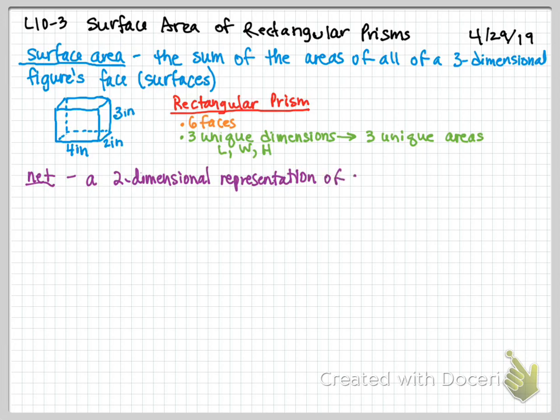So we're basically flattening out the shape, and that diagram of what the shape is in its individual pieces as they are attached to each other is called a net.